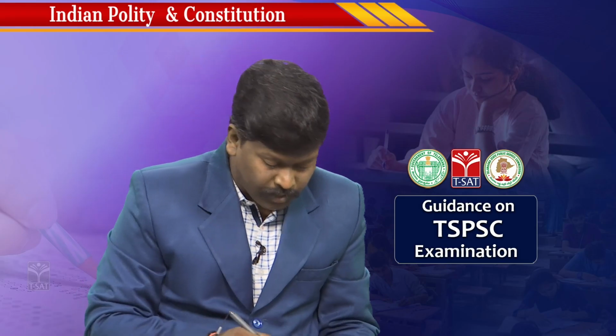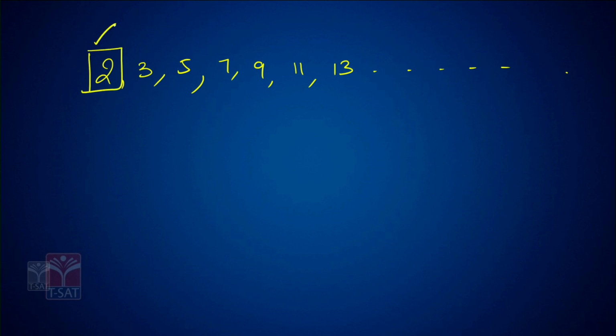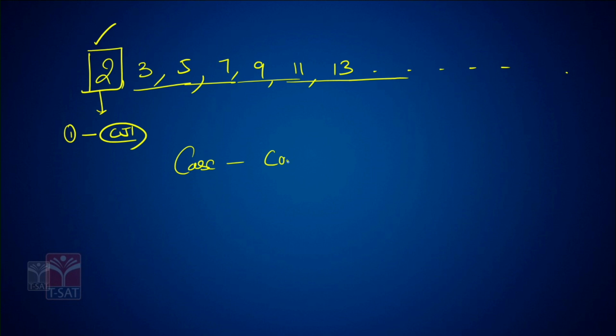The number of judges in a bench can be 2, 3, 5, 7, 9, 11, 13 and so on. The minimum number of judges in a bench should be 2, where one judge should compulsorily be the CJI. Now we have 3, 5, 7, 9 and so on in odd numbers. Very important, if any case is linked to a constitutional matter.